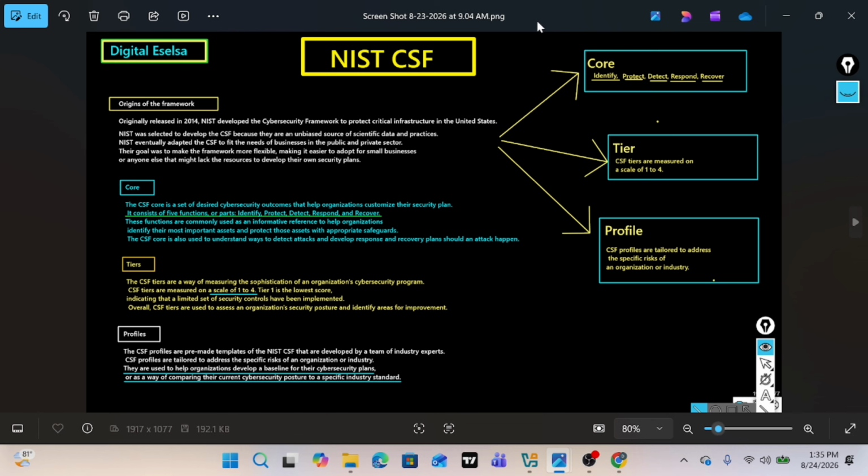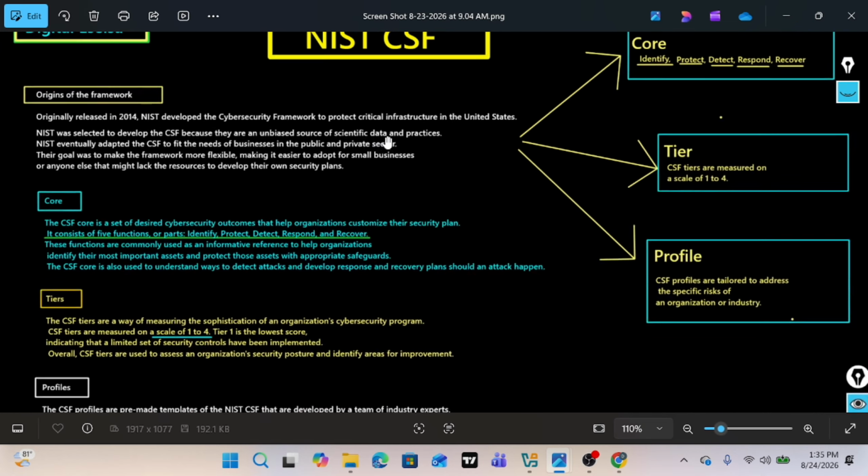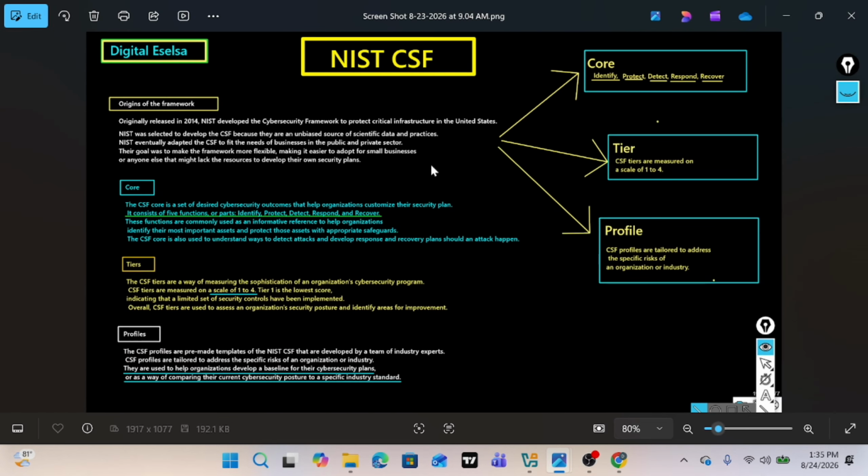We'll talk about frameworks. I'm going to be talking about the NIST cybersecurity framework, because for organizations to be able to maintain the confidentiality, the availability, and the integrity of information, and also to raise the standard of their security posture, they actually need to implement a cybersecurity framework.